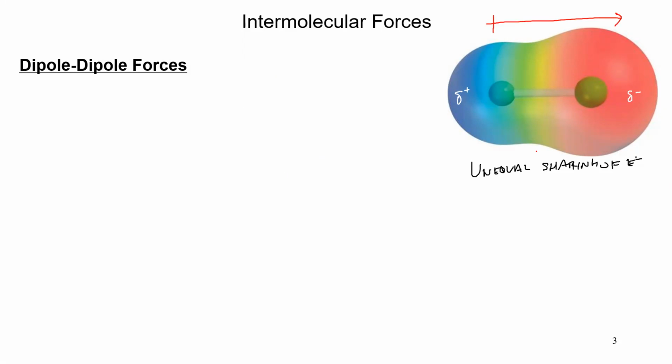We cross the positive end, like a little plus sign, so we know that that's the positive side, and it goes towards the negative end of that molecule. And we call that our bond dipole. So if there's no unequal sharing, in other words, if we have a non-polar compound, then there would be no bond dipole because the electron density is the same on both of those atoms.